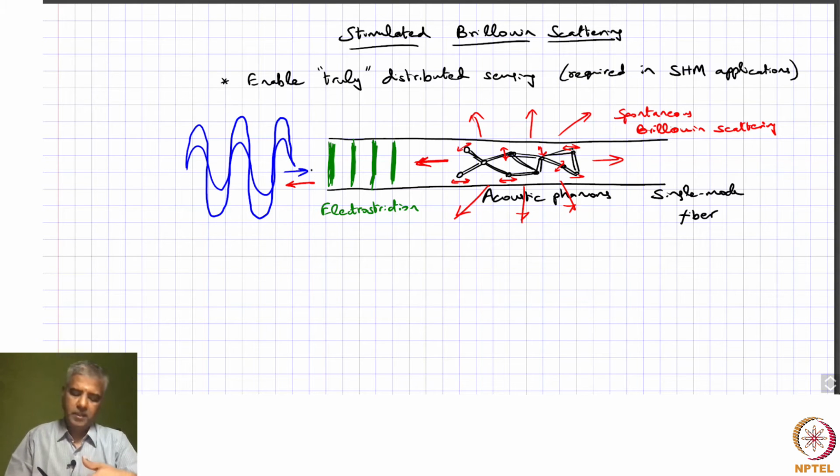As the incoming wave gets stronger, it's going to scatter more from these phonons, and then form the standing wave pattern through this electrostriction effect.